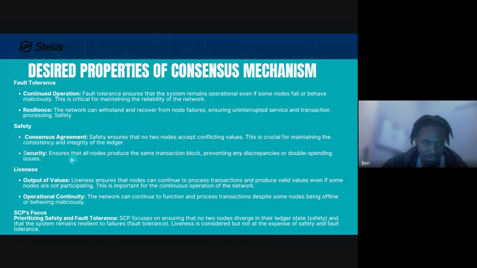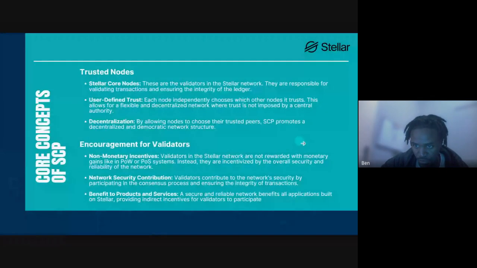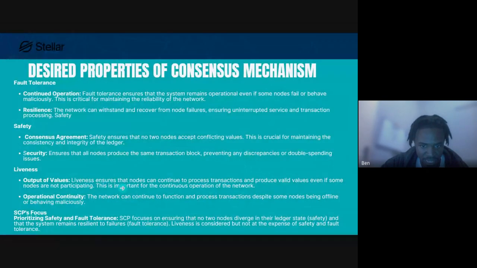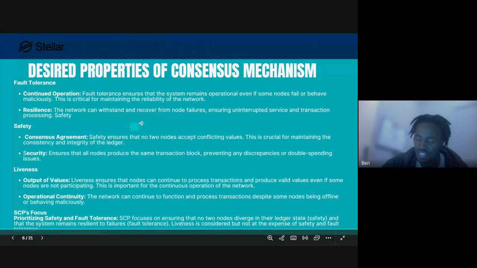So yes, of course, we want our system to be live 24/7. We don't want it to go offline, but there is something that is prioritized over liveness, which is safety and fault tolerance, making sure that no two nodes have conflicting values.